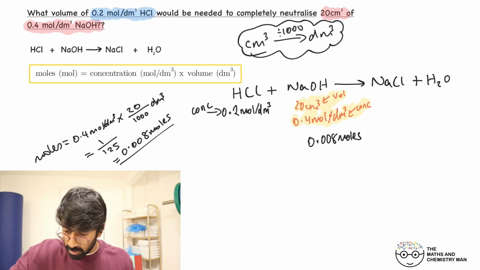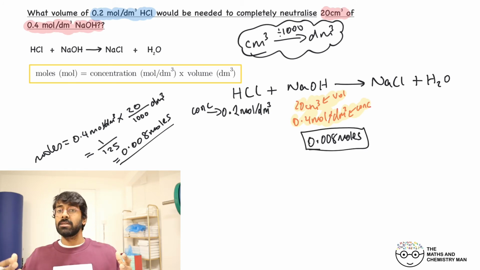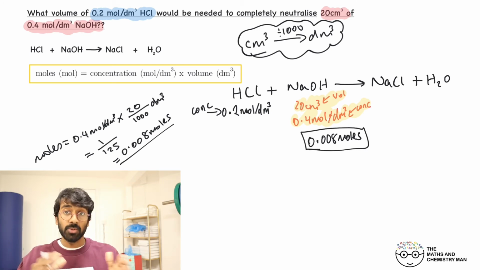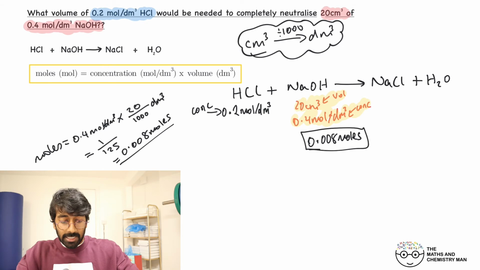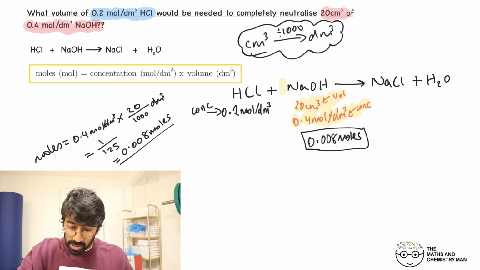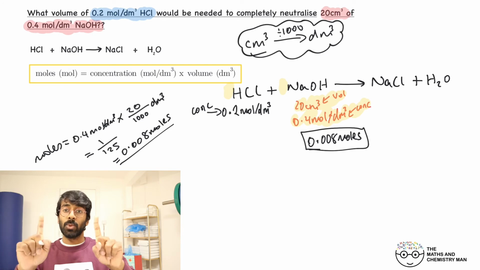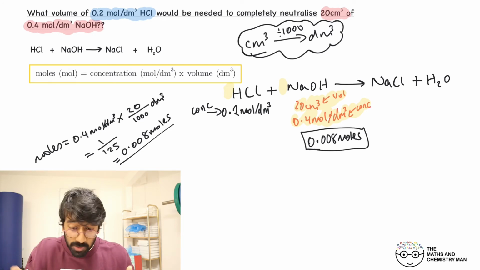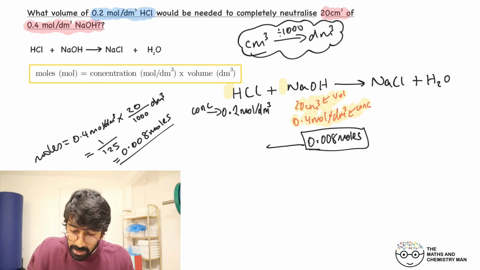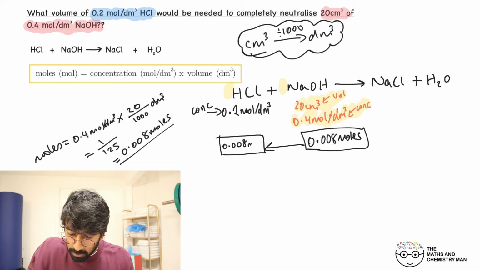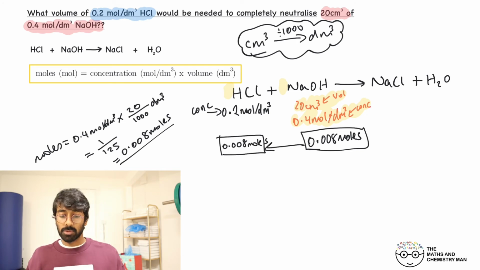Now, the next thing we need to do is compare the ratios between the two. Remember what ratios are? They're the numbers in front of the species. And you can see that because there are no numbers, we assume it's 1 to 1. Which means that the moles of HCl is also going to be 0.008 moles.